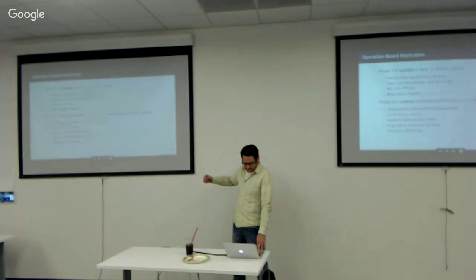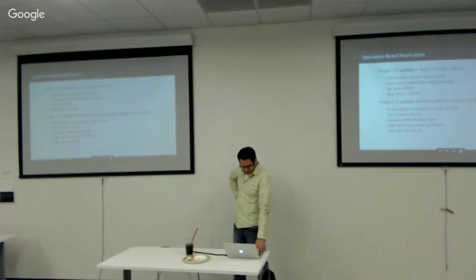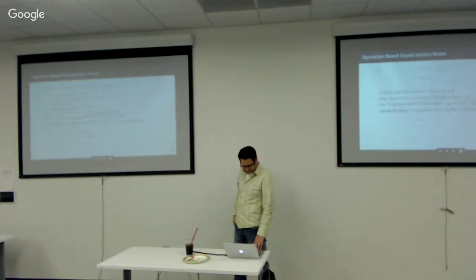You can't return any results because it's already left where you performed the operation. It updates the downstream state. And if there are any arguments required, they're prepared by phase one. And again, it executes atomically with respect to all the other operations that occur.